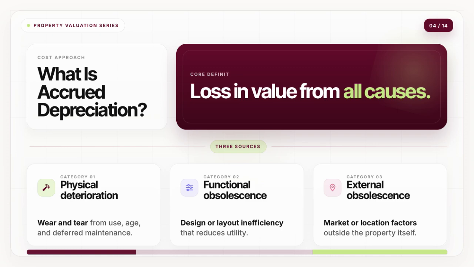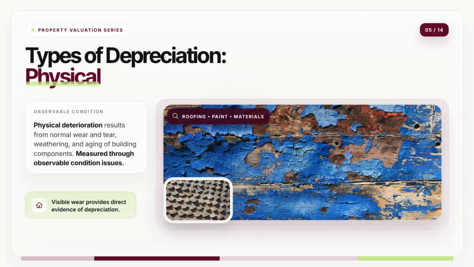Understanding these categories helps us accurately assess the true value of a property by accounting for the various ways it may have lost value. Now, let's talk about physical depreciation, which is one of the key types of depreciation in property valuation. Physical depreciation refers to the actual, observable wear and tear that a building experiences over time. This can be caused by everyday use, exposure to weather, and the natural aging process of the building materials.